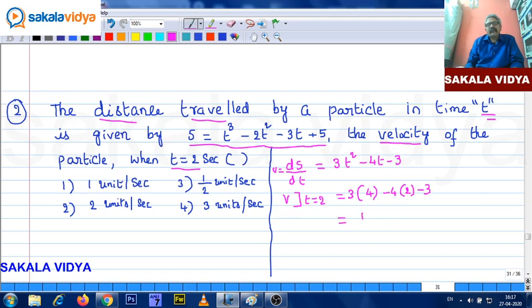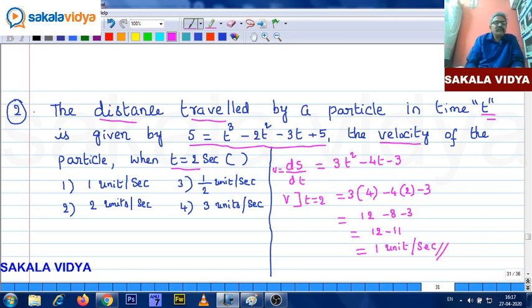So, this is 12 minus 8 minus 3, that means 12 minus 11. So, that means 1 unit per second. This is the velocity at t is equal to 2 seconds. Understood now?